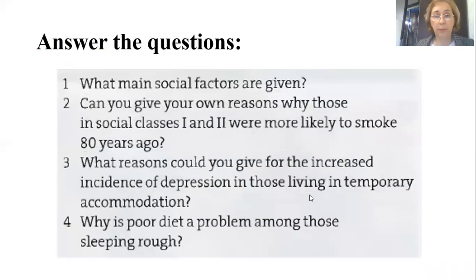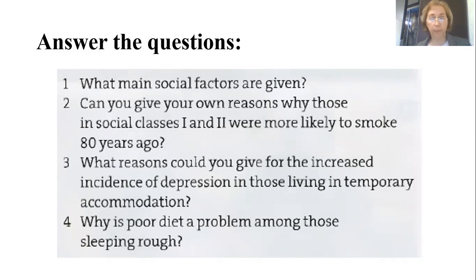Well, let's have a look at the questions to the article that we've read now. Mustafa, will you read the first question, please? What main social factors are given? Yes. Do you remember? It's social diversity, homelessness. Okay. Yes. What else?